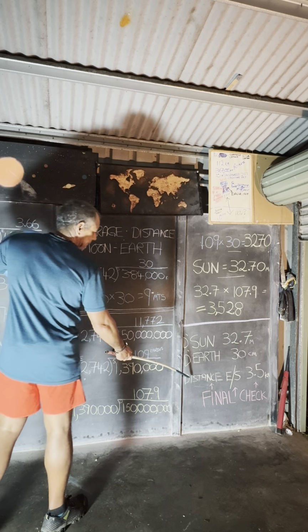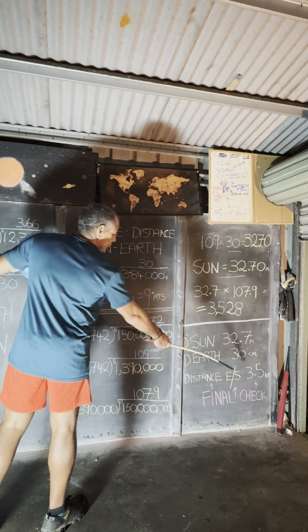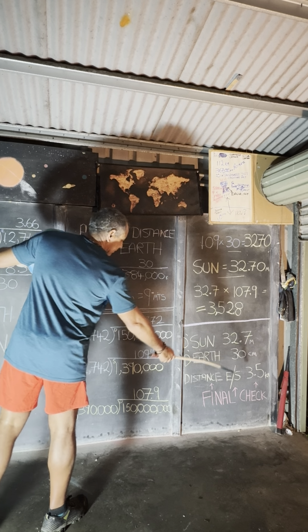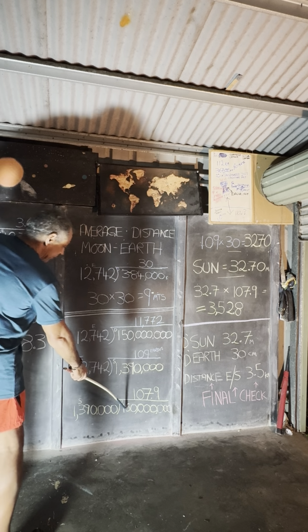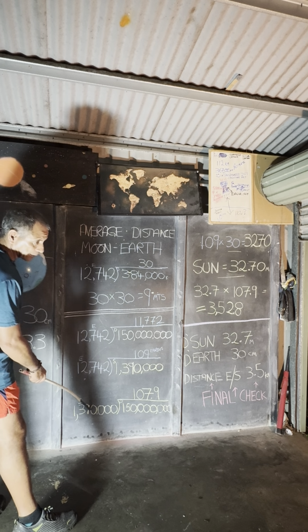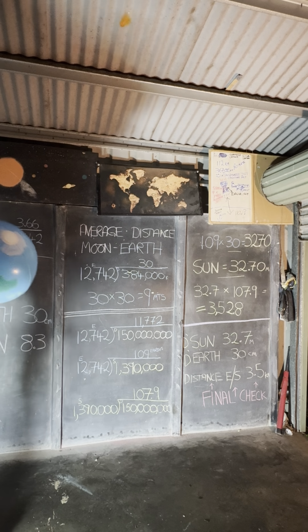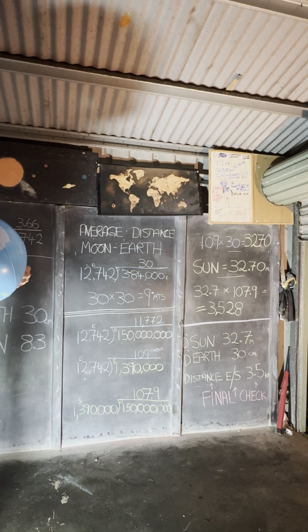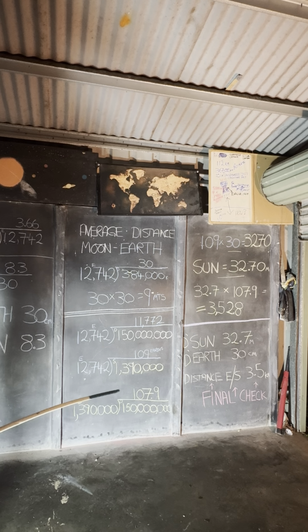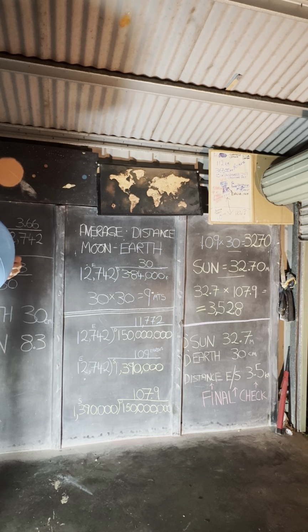The distance Earth to Sun is 3.5 kilometers. That's 150 million. So we want to divide it by the sun's diameter. Alexa, what's 3.5 kilometers divided by 32.7 meters?